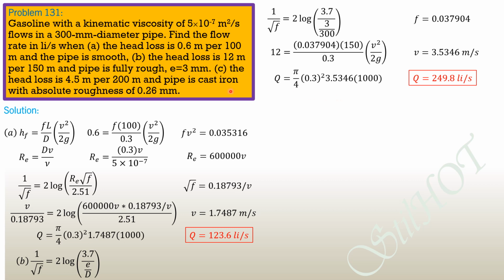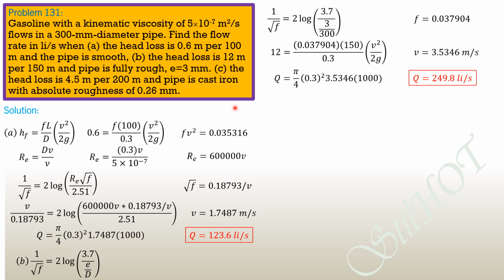Then finally, for the discharge when the head loss is 4.5 meters per 200 meters and the pipe is cast iron with absolute roughness of 0.26 mm, this is the situation where we have a transition from smooth to fully rough pipe.